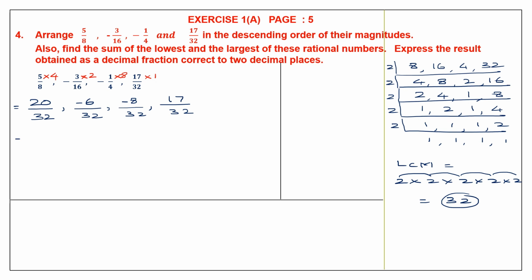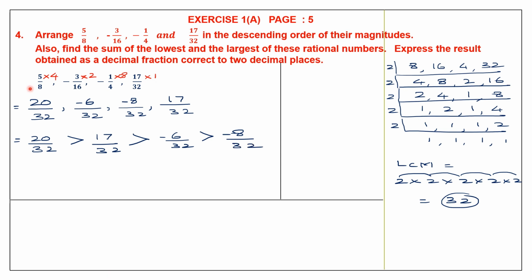So we write that first. 20 by 32 is bigger than the other positive number, 17 by 32. Now we look at the negative numbers. We have negative 6 and negative 8. Which is the bigger one? Negative 6 is bigger than negative 8. So we write negative 6 by 32 is greater than negative 8 by 32.